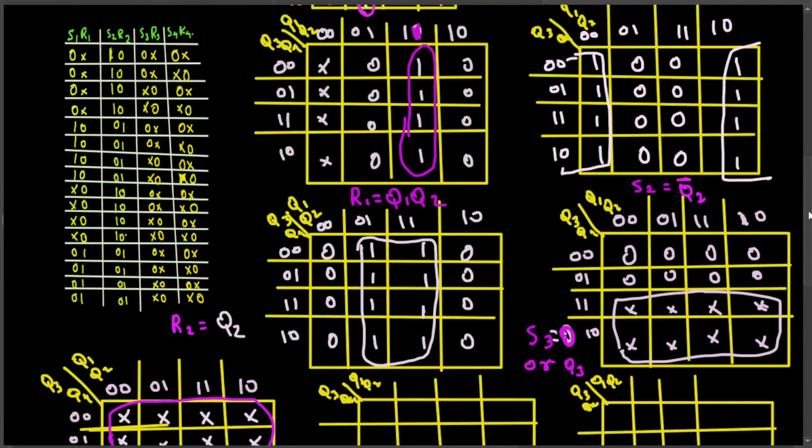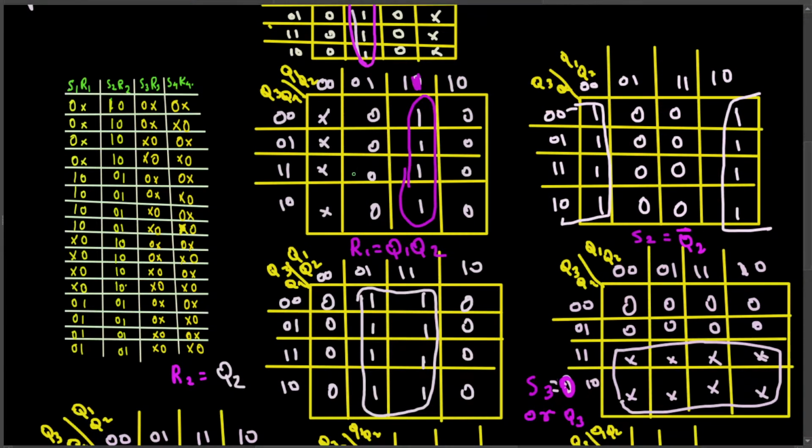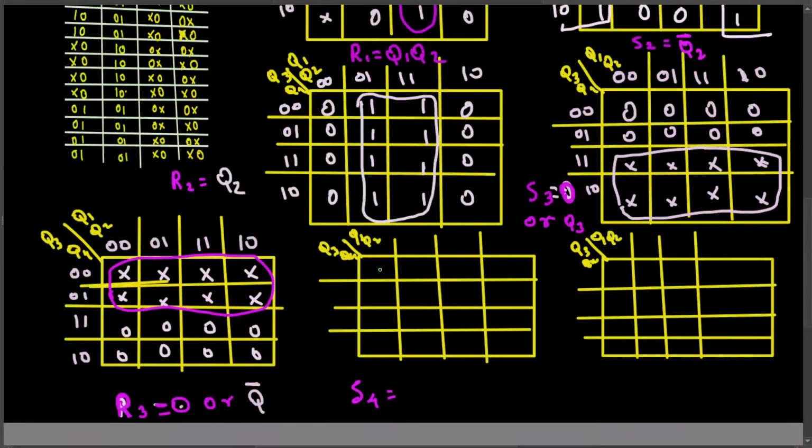The next thing we are going to look at is S4. Let's look at the S4 truth table. It is 0 don't care, repeated all the way down.